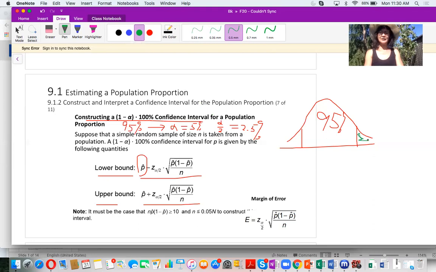This little area here, and that is half alpha. So this area is half alpha. When this area is half alpha, there is one and only one Z value corresponding to half alpha, and we call this point Z subscript half alpha.